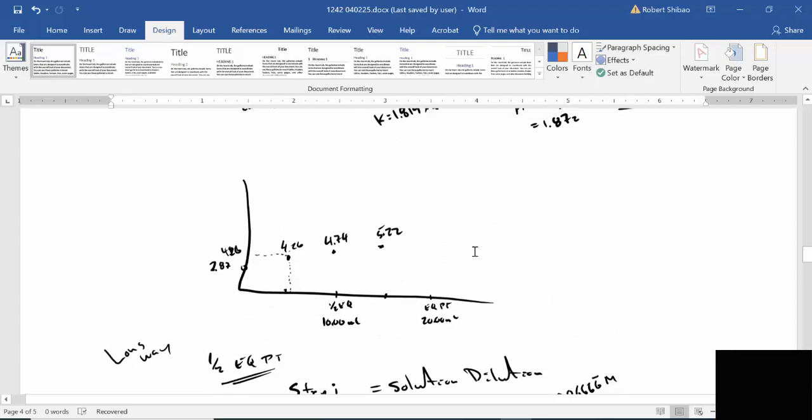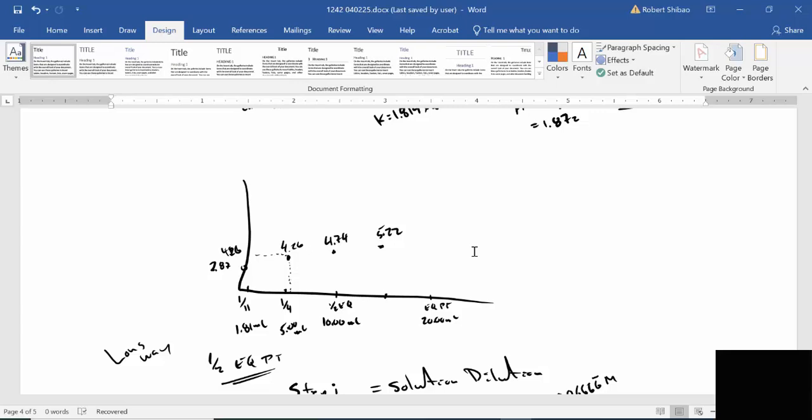The 1/4 equivalence point came in at 5.00 milliliters. What does the 1/11th equivalence point come in at? So you take your 20 and you divide it into 11 parts. So just 20 divided by 11, and it's going to come in at 1.81 milliliters.